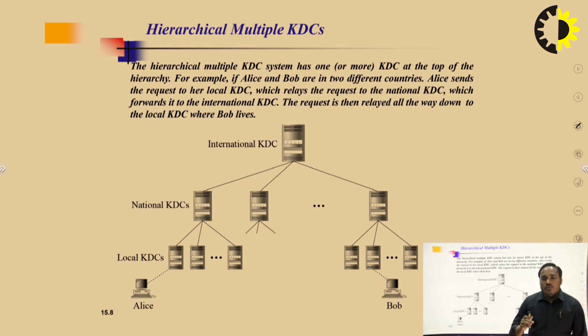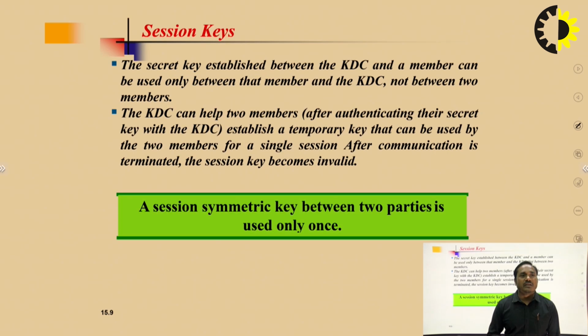So you cannot directly reach that person. We move in a hierarchical manner from one level to another. This is a very important key distribution center through which Alice and Bob from two different countries can communicate.